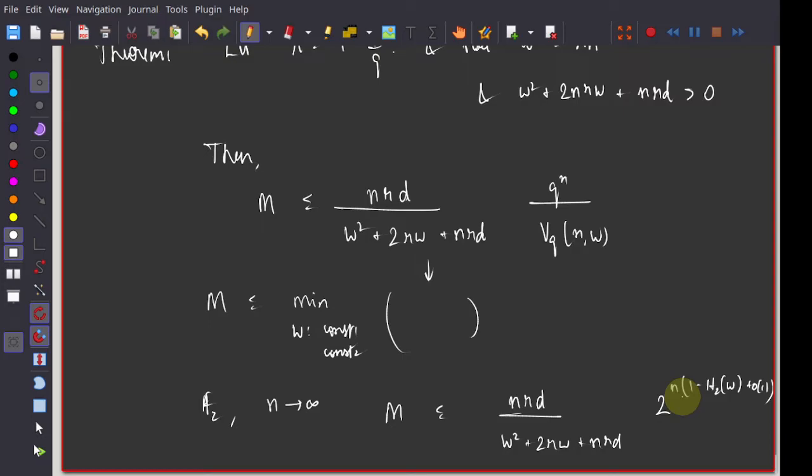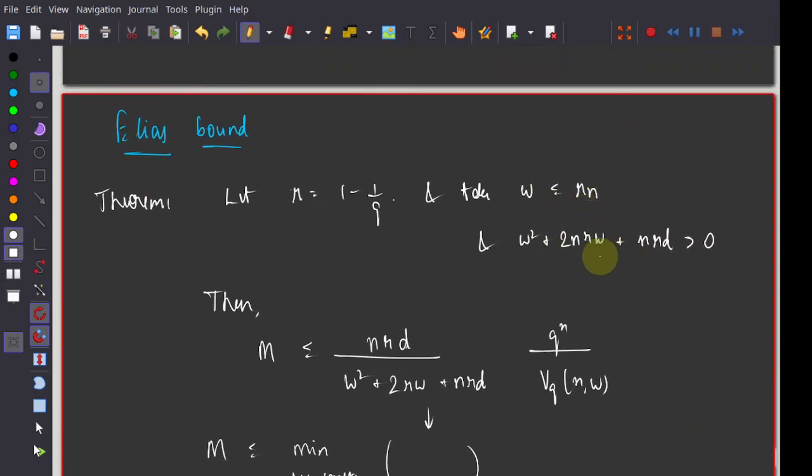So the asymptotic rate is equal to 1 minus h2 of w for any w which satisfies these two constraints. That gives us an expression we can evaluate. It may be good, it may not be good. We can't really say just by looking at this, but it gives us a bound.